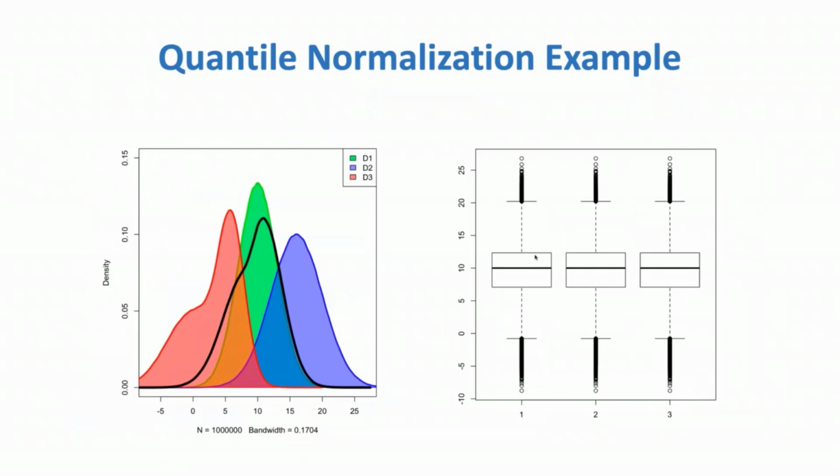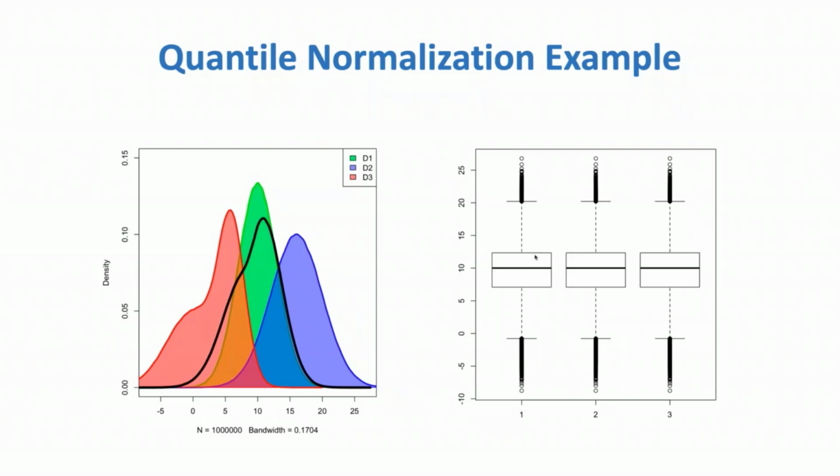So the purpose of quantile normalization is to force all these 3 distributions into the same distribution. I'll show how we do this, but basically if we apply quantile normalization on those 3 distributions, we end up with this black outline of a new distribution, and all the values in these 3 distributions would fall into that distribution.